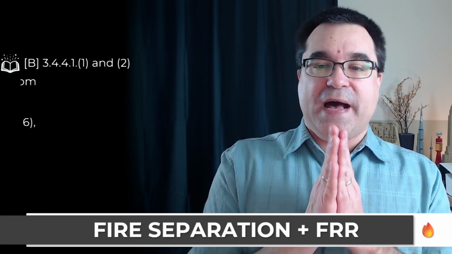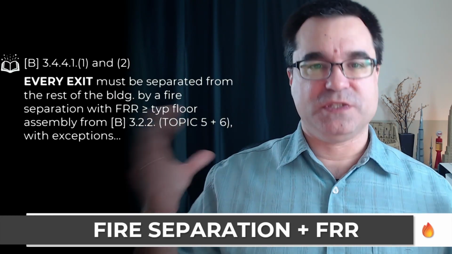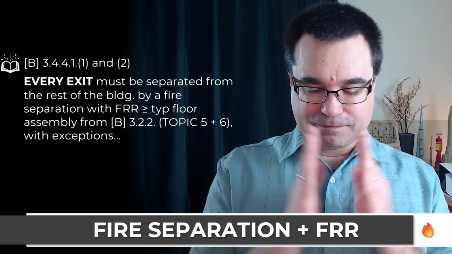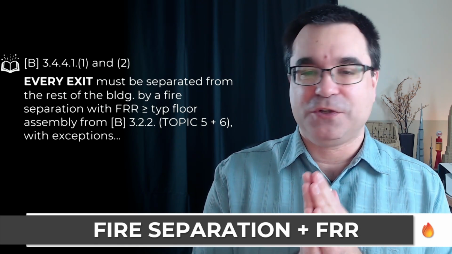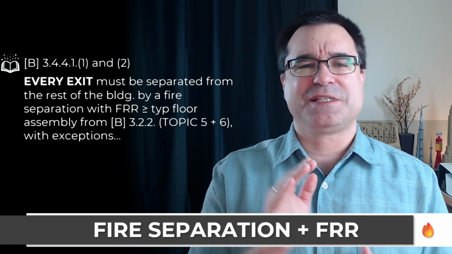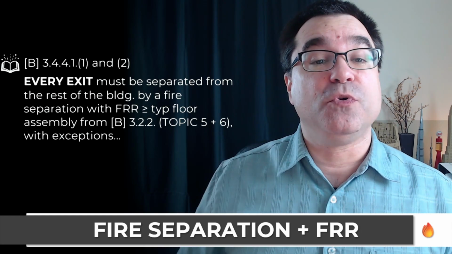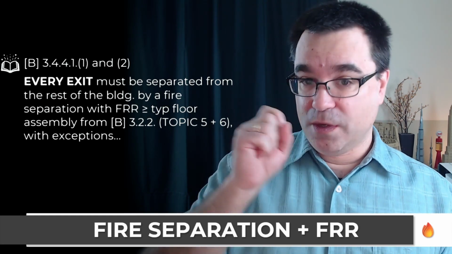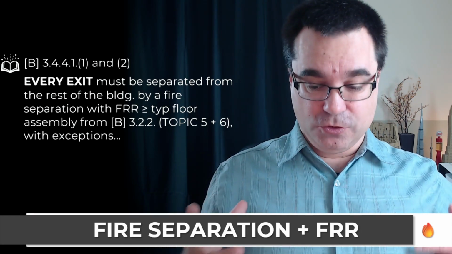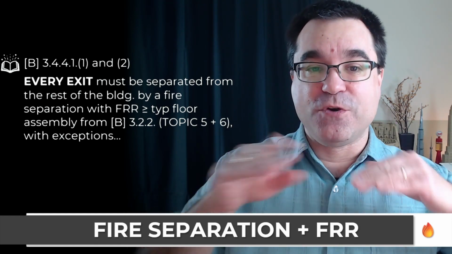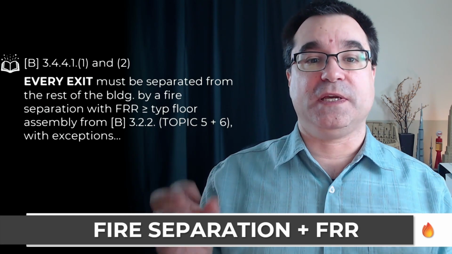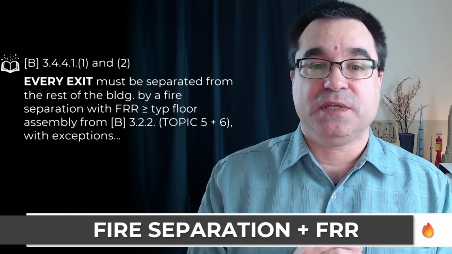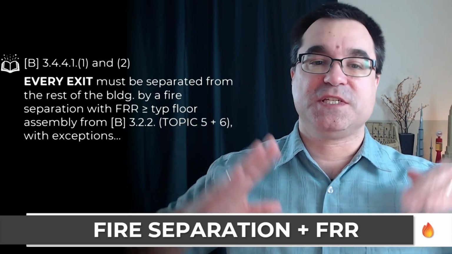Okay? All right. So let's talk about fire separations and the requirements for exits. Part 3 in section 3.4 of the Ontario Building Code is kind of straightforward about this. Under sentences 3.4.4.1, 1 and 2, the building code says that every exit must be separated from the rest of the building by a fire separation that has a minimum fire resistance rating.